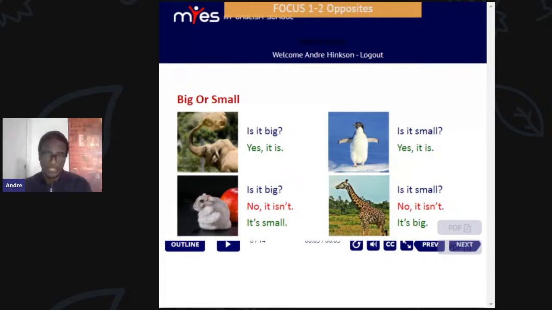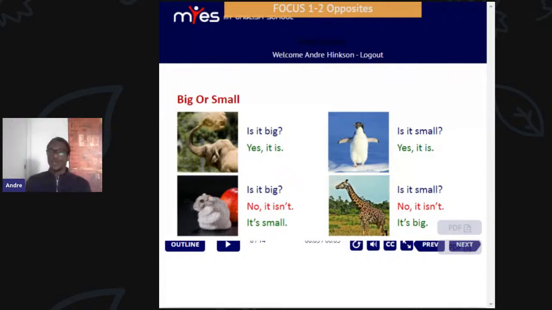So remember the opposites. We've got big, small, tall, short, thin, fat, beautiful, and ugly. Those are the opposite adjectives.